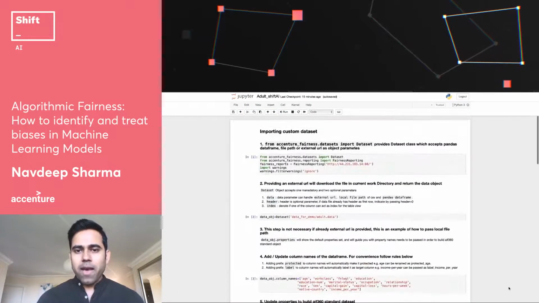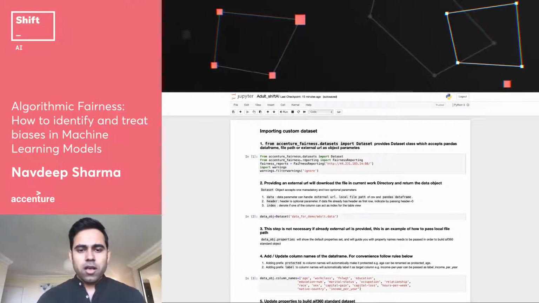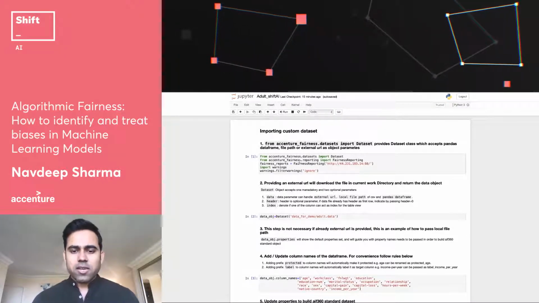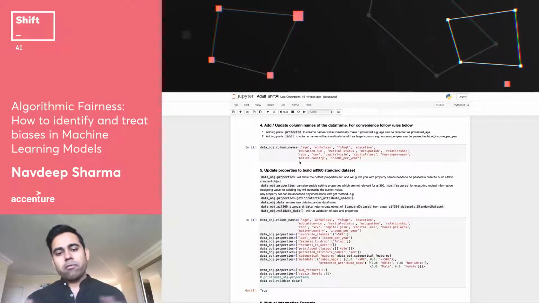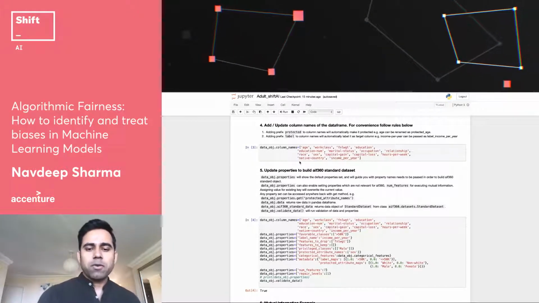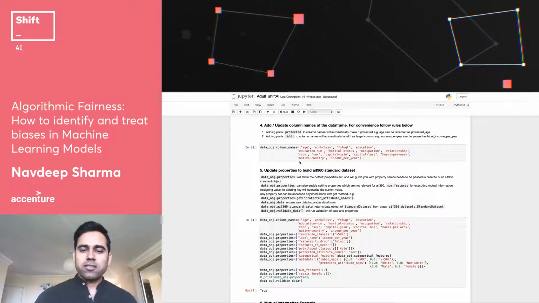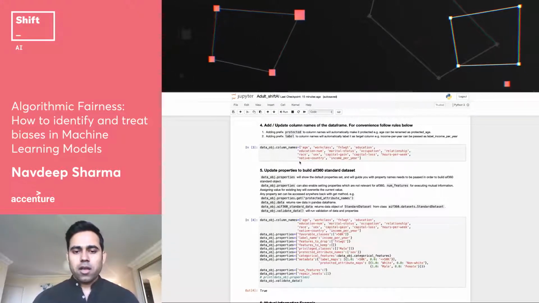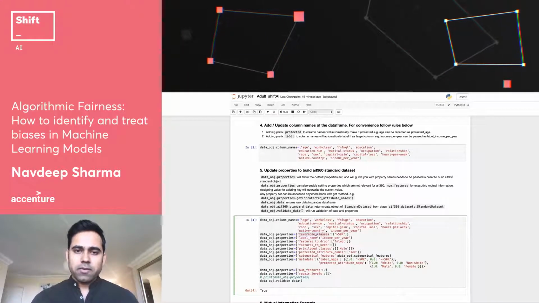Going back, this is a particular notebook which is looking into customer analytics data, where we're trying to predict customers with higher salary ranges. So we've broken it into greater than 50,000 versus less than or equal to 50,000, and our favorable class is greater than 50,000.